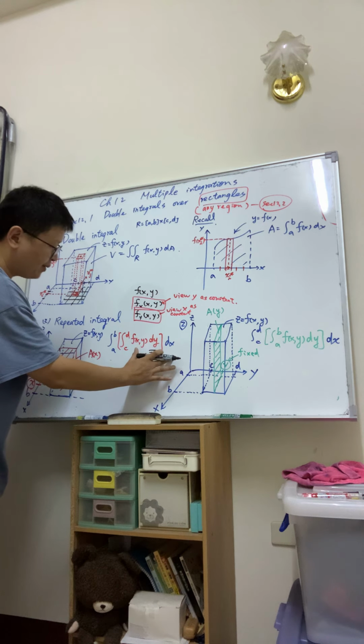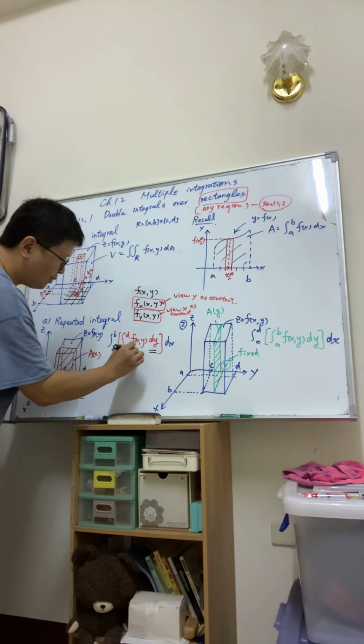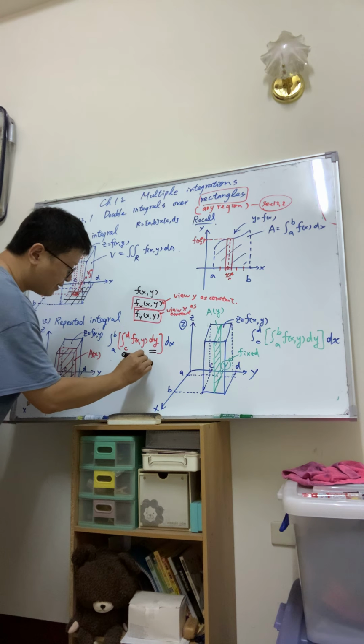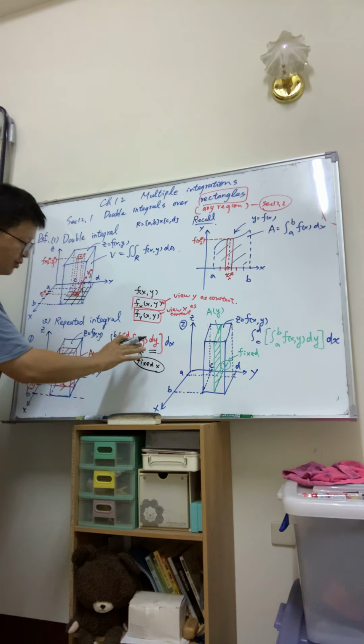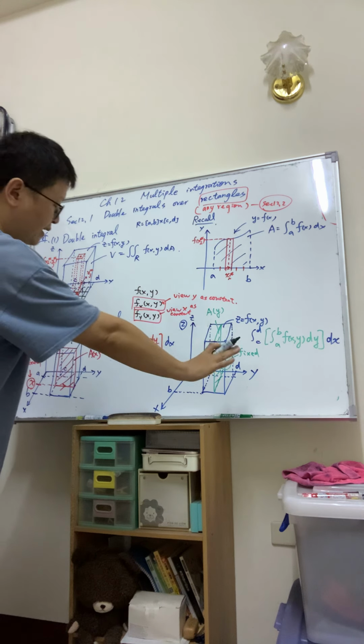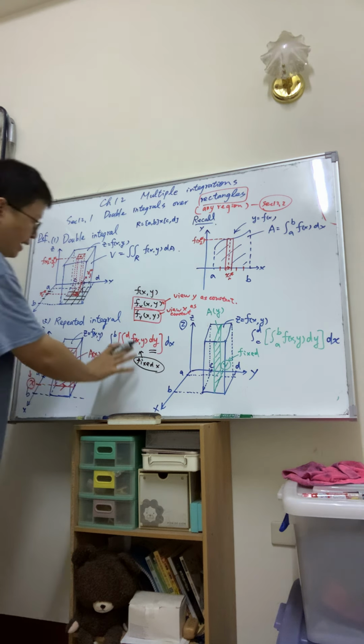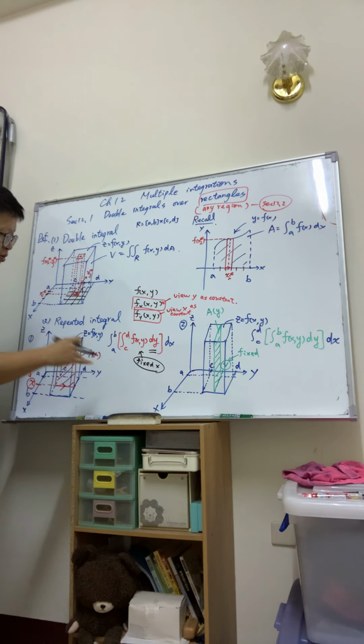So if we integrate by y, it means that we should fix x. Later we will tell you about this case and that case, and their geometric meaning. But just in this form, I want to explain some.